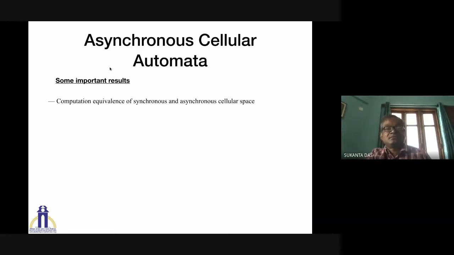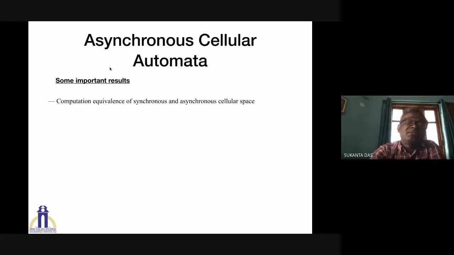What does it mean? It means they can simulate a universal Turing machine. So this basically tells us that what synchronous CA can do, asynchronous CA can also do.